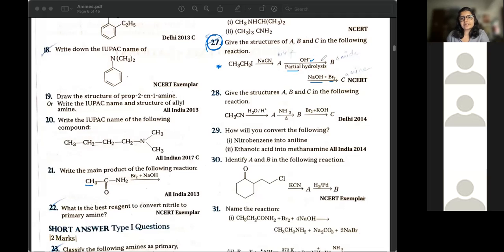Had it been acidic, you would have directly gotten a carboxylic acid, but because you're doing a partial hydrolysis, the CN becomes CONH2, right? Yes. Okay. So you can just give me the structure, CH3CONH2. So Ansh, that's where you made a mistake for B.